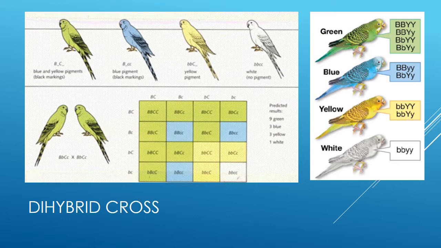Okay, so these are all the possible alleles that the parents can give, which then gives you this huge combination of it's basically 9 to 3 to 3 to 1 ratio of different color patterns that you can get in parakeets. Again, you will not need to know how to set up a dihybrid cross, but I just wanted to show it to you, okay? That's how you get a white parakeet.